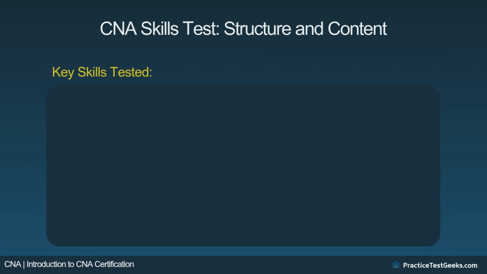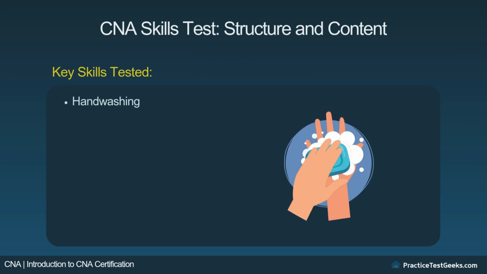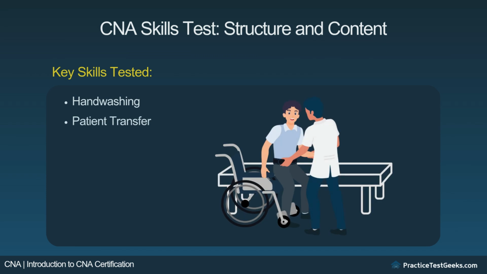Key skills tested. The skills test will cover a variety of essential CNA tasks. Some of the most common skills tested include: 1. Hand washing. Demonstrating proper hand hygiene according to infection control standards. 2. Patient transfer.